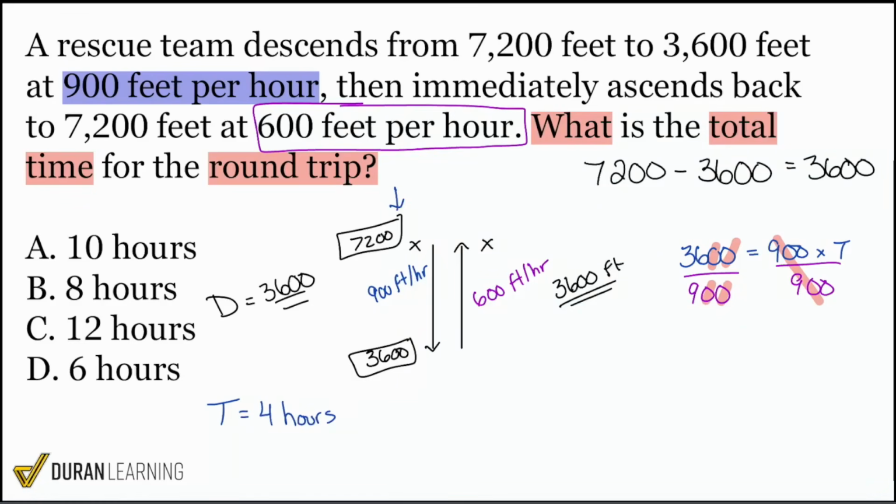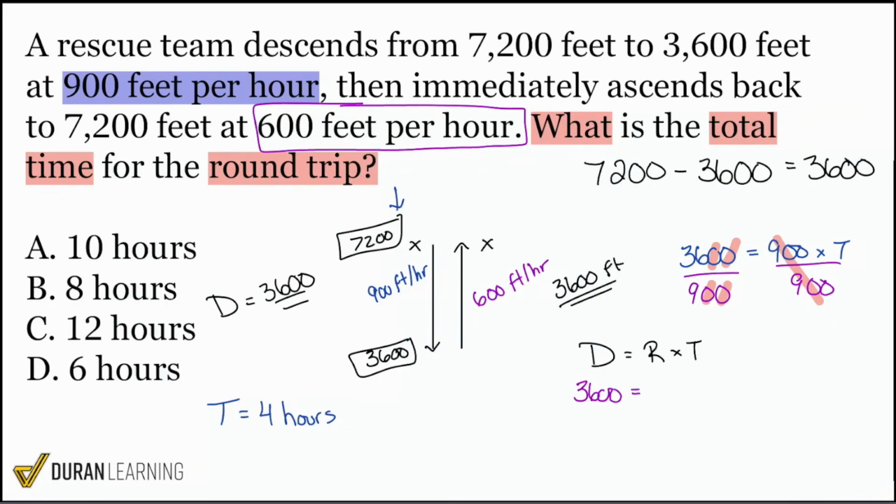We're not done yet because we have the 4 hours that it takes us to descend, but how long does it take us to climb back up? Let's find out. So here we'll do it again. Our distance equals rate times time. That's the formula we'll use. The distance that we're covering, we already said it, it's 3,600.